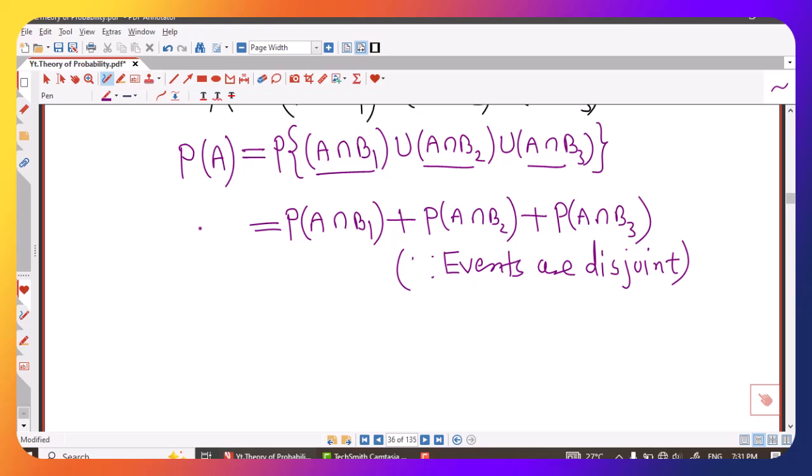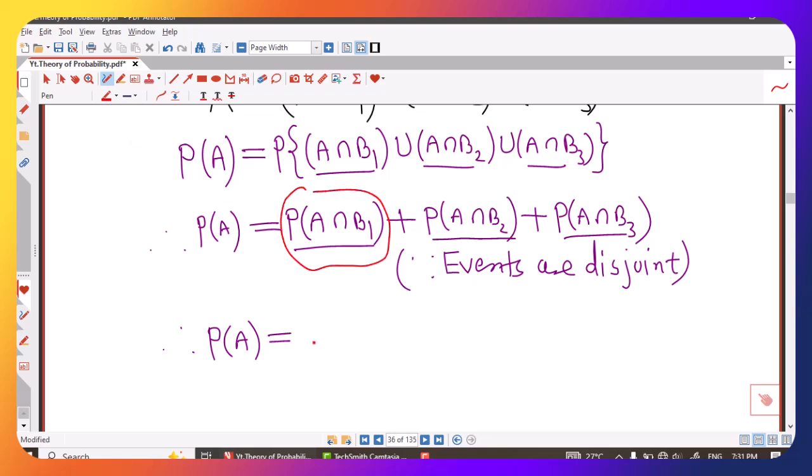So what I obtain is that probability of event A is addition of probability of A intersection B1, probability of A intersection B2 and probability of A intersection B3. Therefore, probability of A is equal to, now I am using multiplication rule for probability.